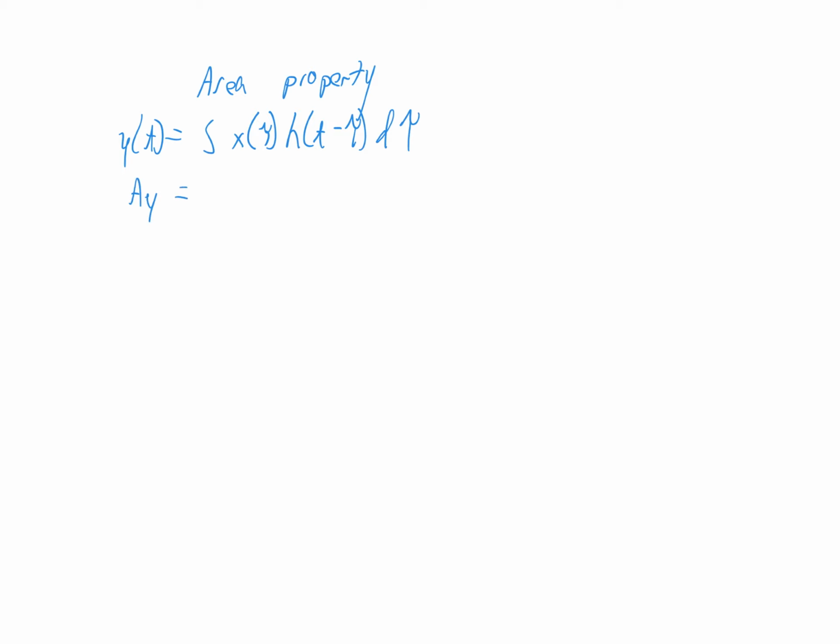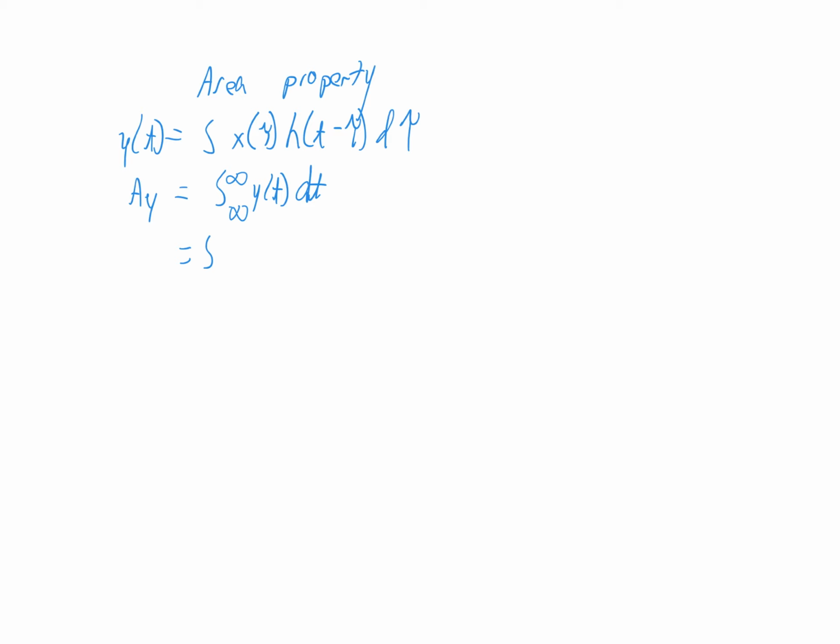So we're going to take y of t itself and integrate it with respect to time over all time. And we're going to then simplify that and see how the area of y relates to the area of the input x and the impulse response h.